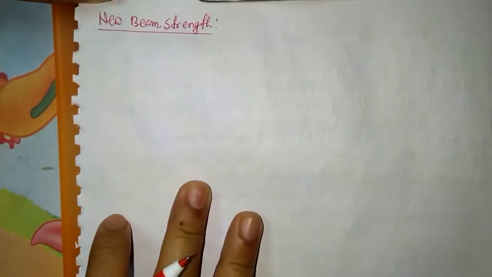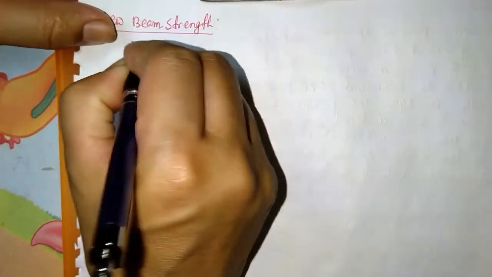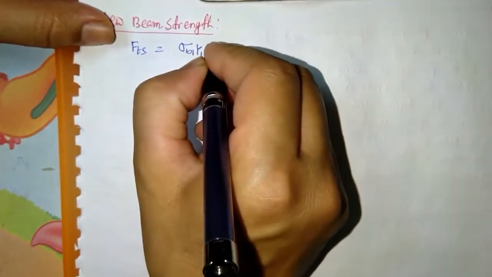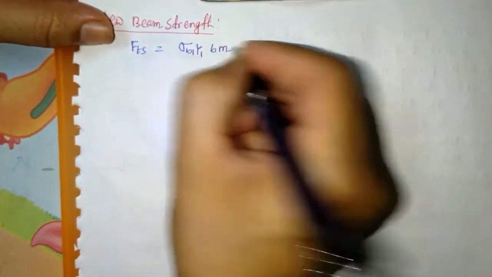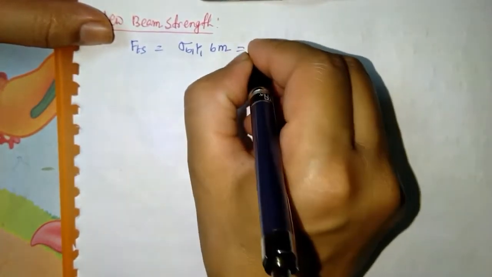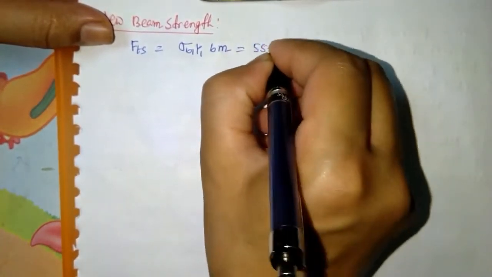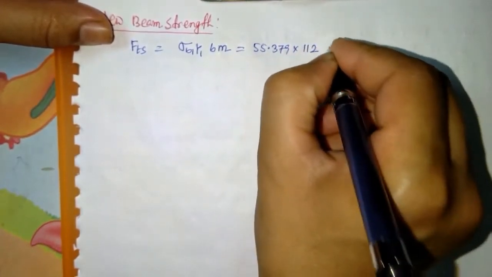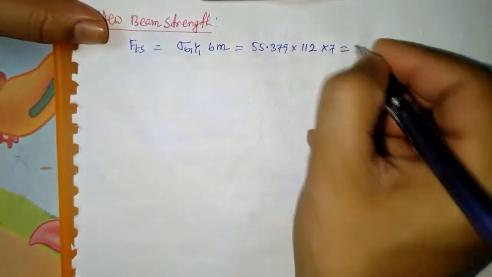Now the new beam strength. So this is our F of TS, sigma b1 y1 bm, and this value is 55.379 into 112 into 7, and just make the calculation.